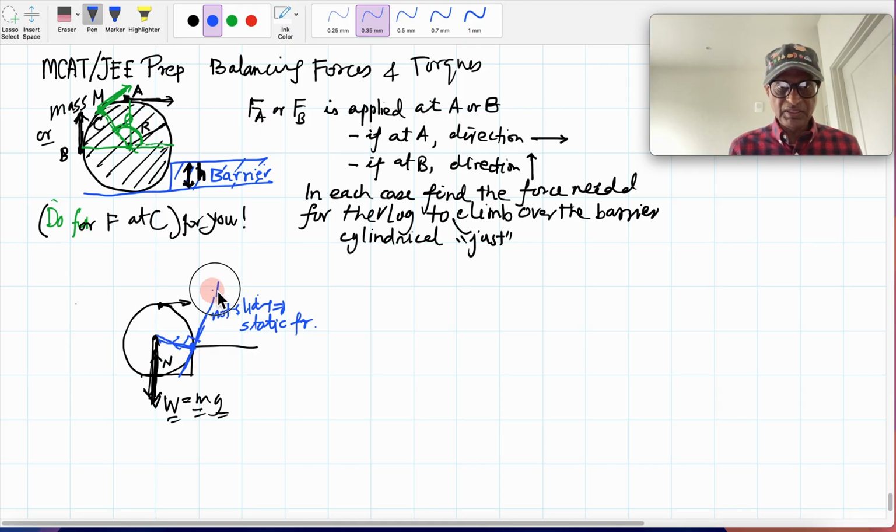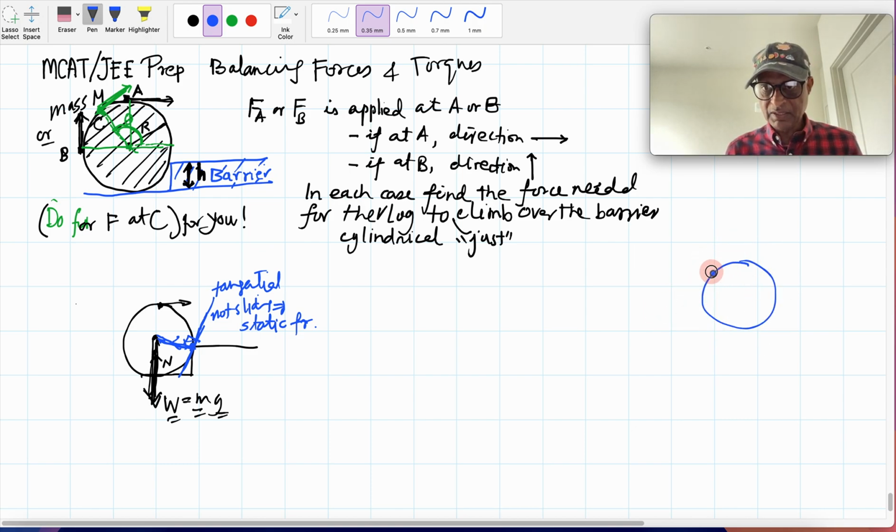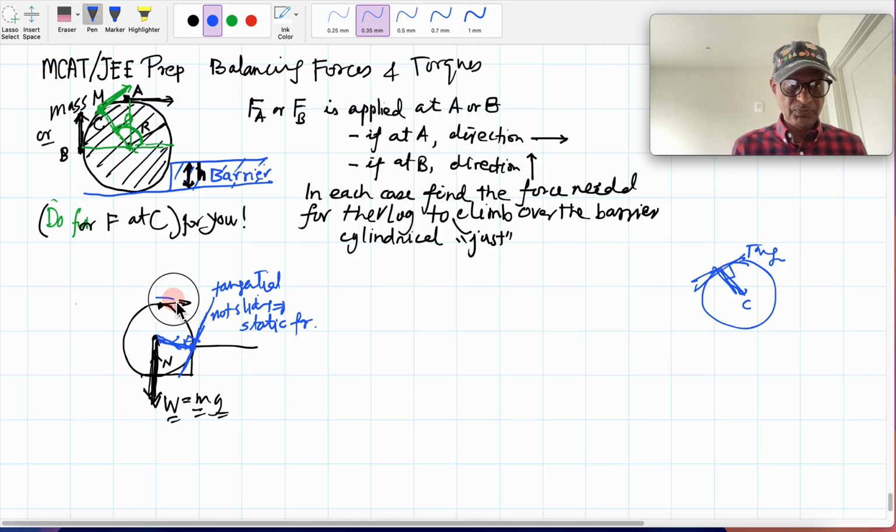This will be tangent, and towards the center is 90 degrees. In a circle, the tangent and radial line are 90 degrees. The cross section is a circle, so we just use a circle. And let's say this force has magnitude FA.